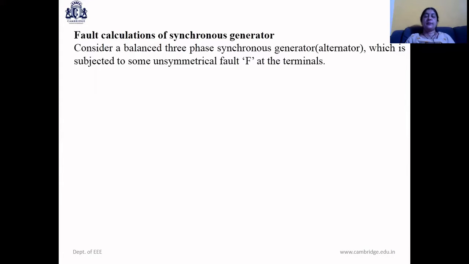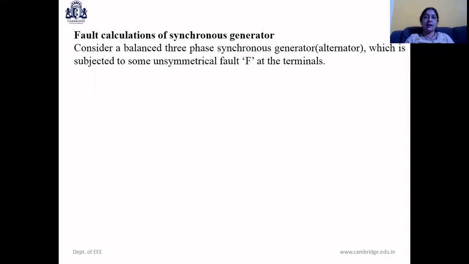As told earlier, we are talking about a system and its components which are balanced and symmetrical in nature under normal operating conditions. Only when an unsymmetrical fault occurs on these components or on the power system, the system beyond that particular point after the fault has occurred is no more balanced. It will step out of symmetry and become unbalanced.